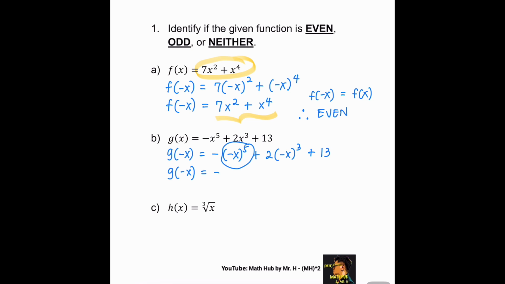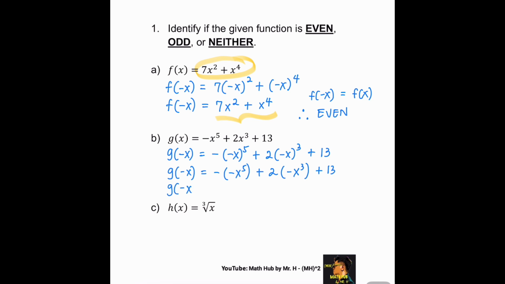negative x to the power of 5 is going to be negative x to the power of 5, plus 2. So simplifying this, negative times negative times negative is negative. So that means it's going to be negative x to the power of 3 and then plus 13.